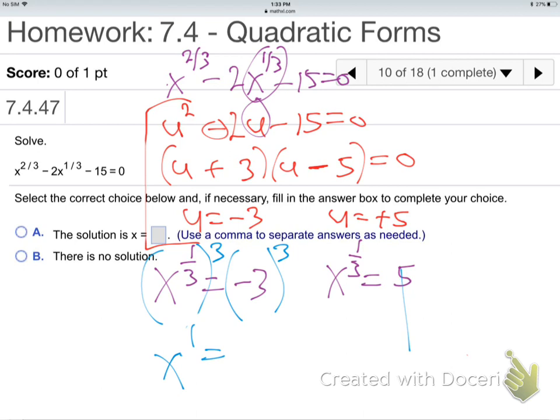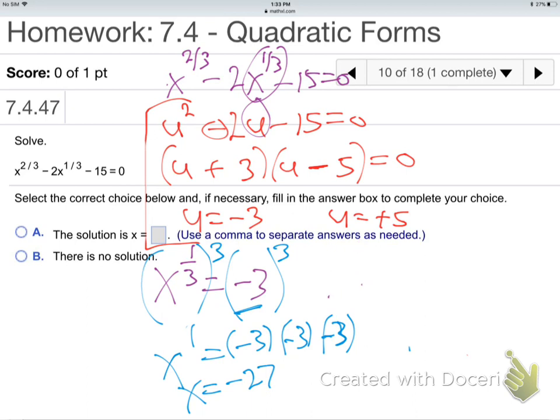And then what about the other side? It's -3 times -3 times -3, which is -27. We good there? Is that making sense?